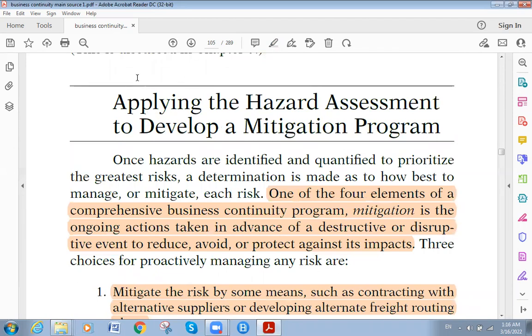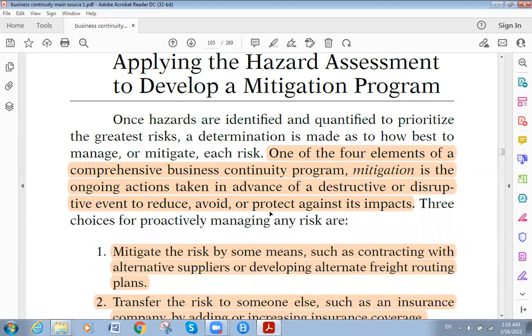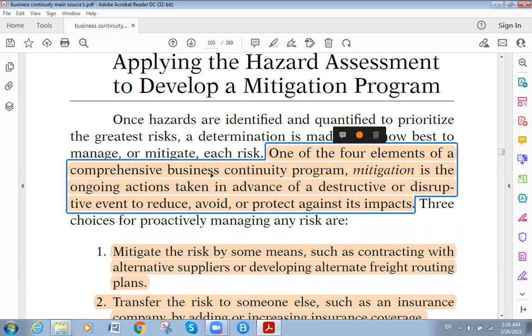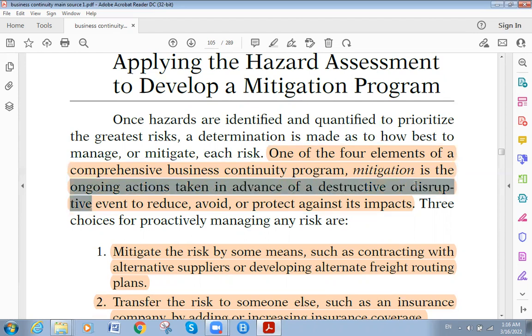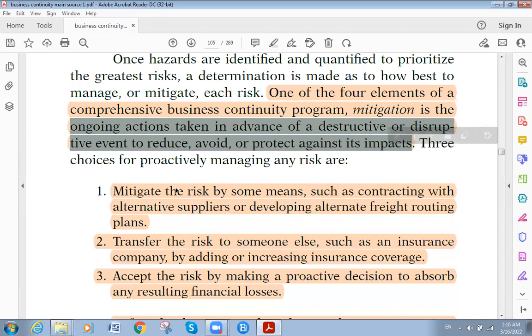Again, applying the hazard assessment to develop a mitigation program. One of the four elements of a comprehensive business continuity program is mitigation, the ongoing action taken in advance of a destructive or disruptive event to reduce, avoid, and protect against the impacts.